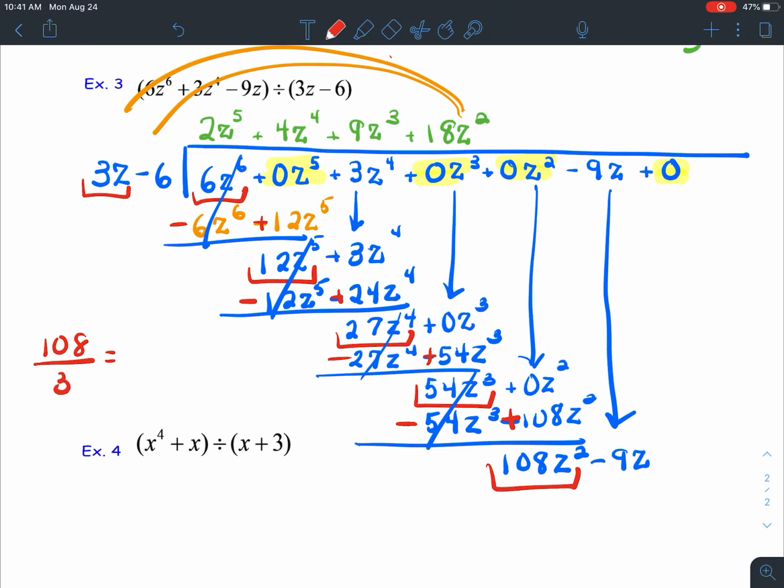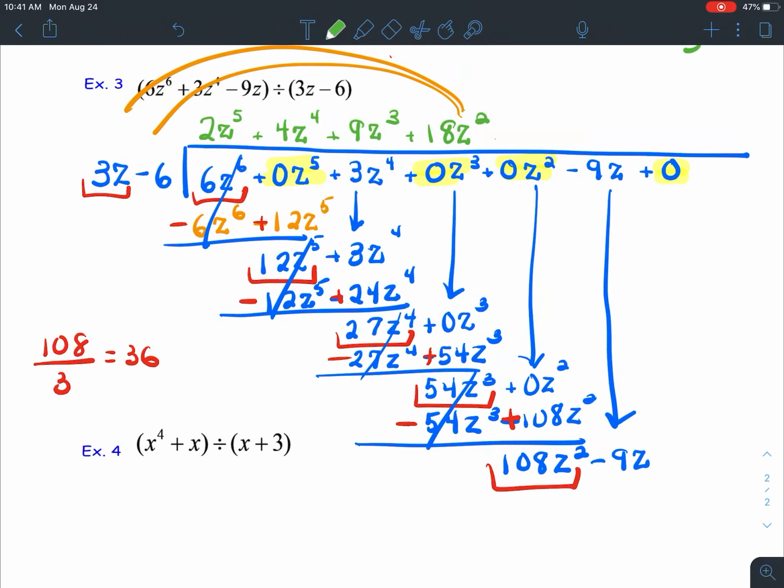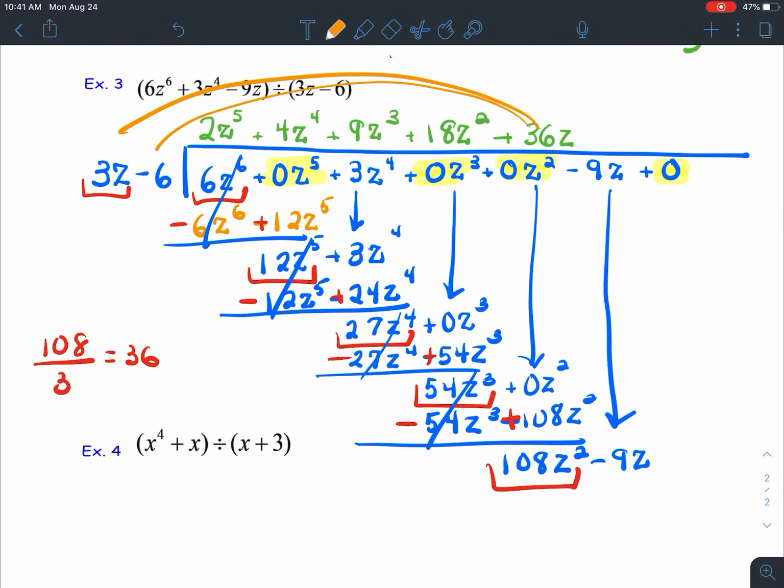Okay, so now we want to know, what are we going to multiply 3 by to get 108? We could, on our calculator, divide 108 by 3. That gives us 36. Okay, so we're going to put plus 36 and a z up top here. Again, distribute the 36z to both terms out in front.